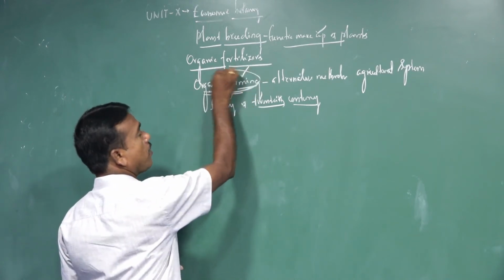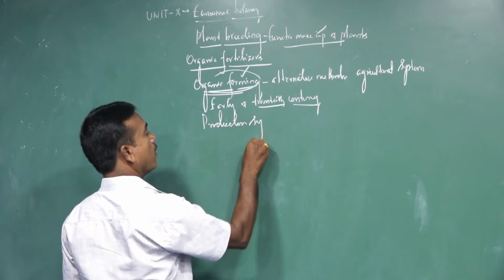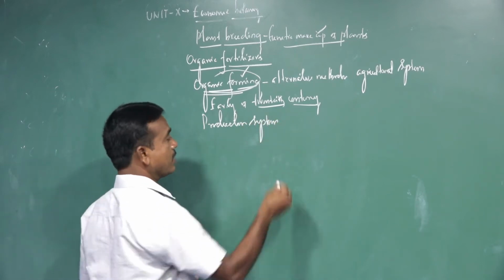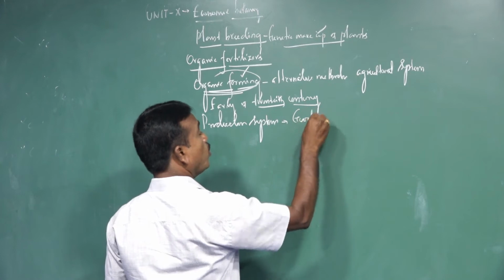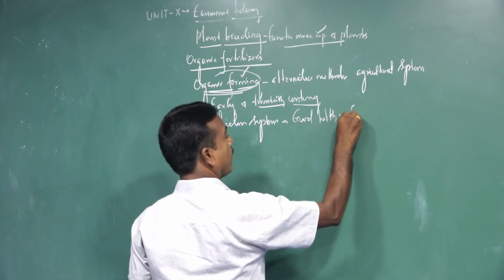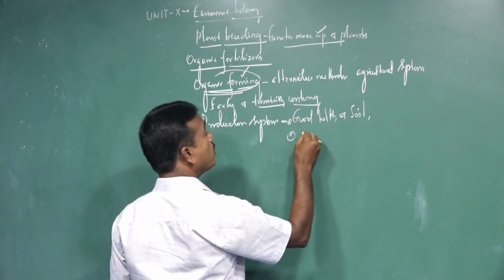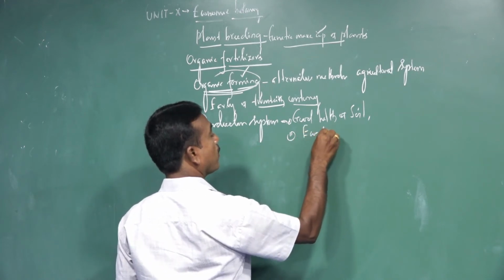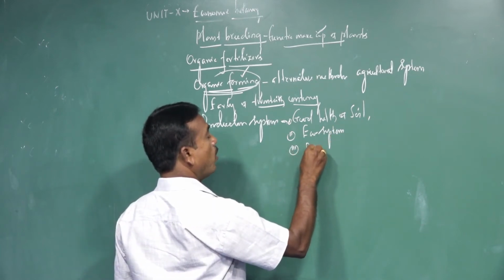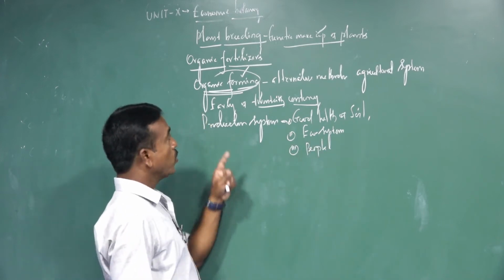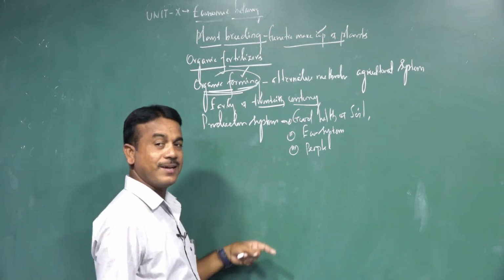Organic farming is commonly called a production system which maintains good health of soil, maintains a good ecosystem, and maintains a good population. So organic farming is a production system that sustains.